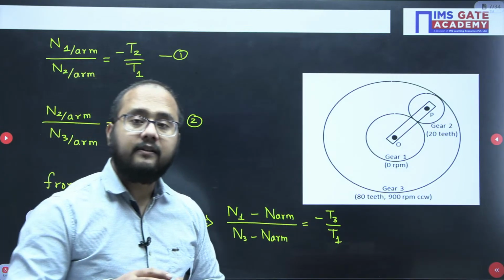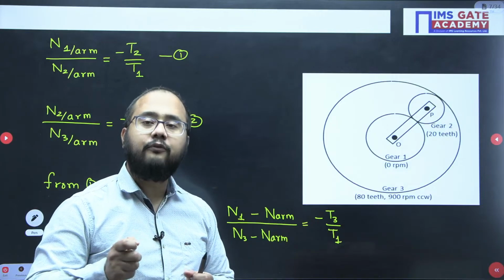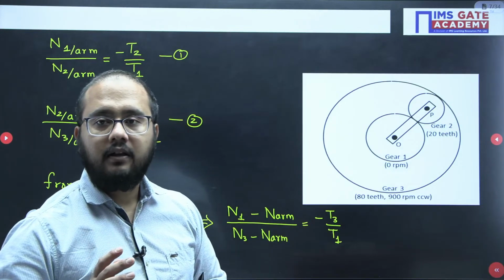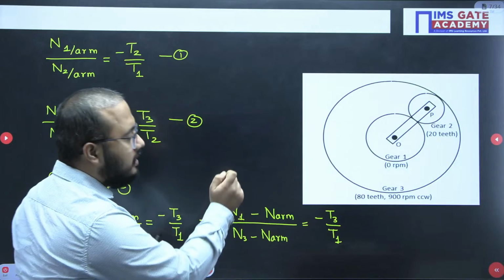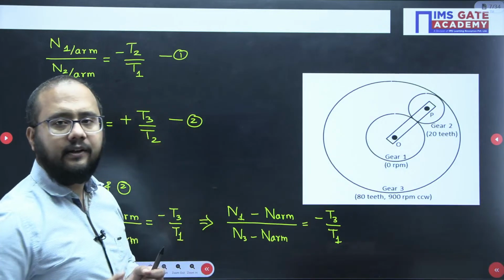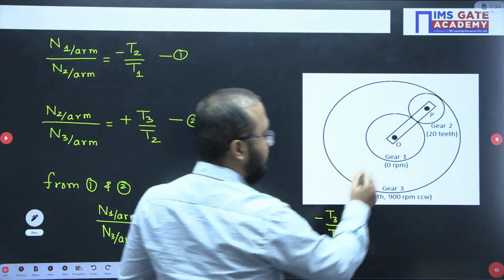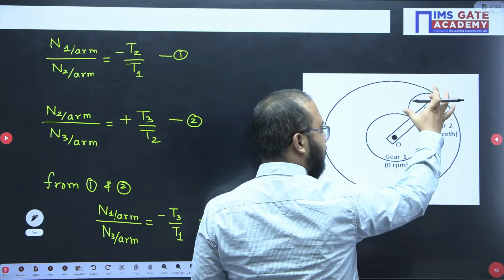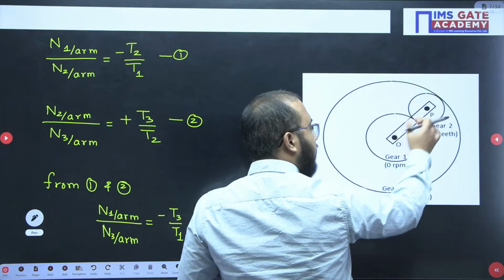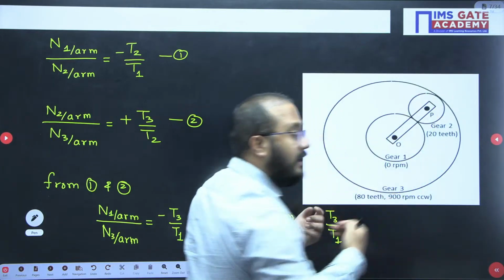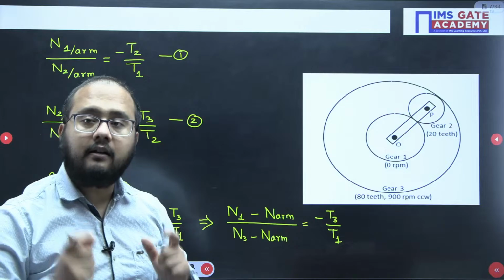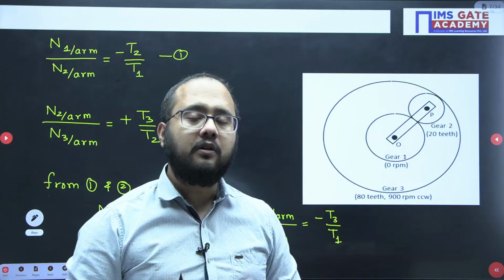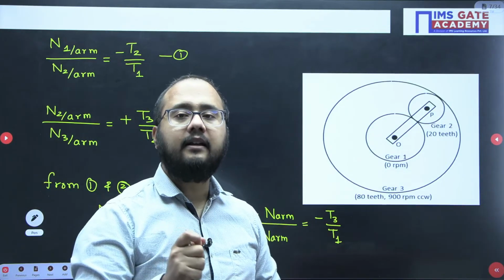So sometimes all the information is not given directly. We can find the number of teeth in gear 1 very easily. If I add the diameter of gear 2 and the radius of gear 1, it will be equal to the radius of gear 3. If I use that relation, I can easily find the number of teeth in gear 1.